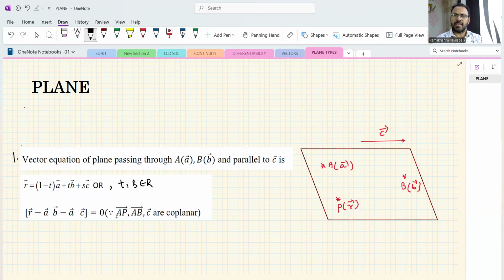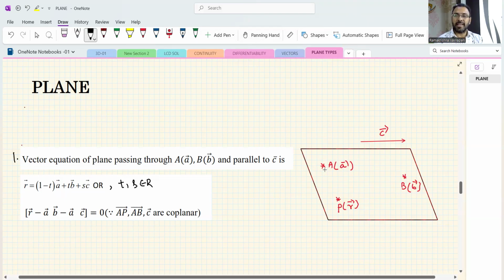Well, how did we get this? It is just a matter of application of coplanar vectors. Three vectors are coplanar if their box is equal to 0, or one vector can be expressed as a linear combination of the other two vectors. Here you see that the plane passes through A of A bar and B of B bar.